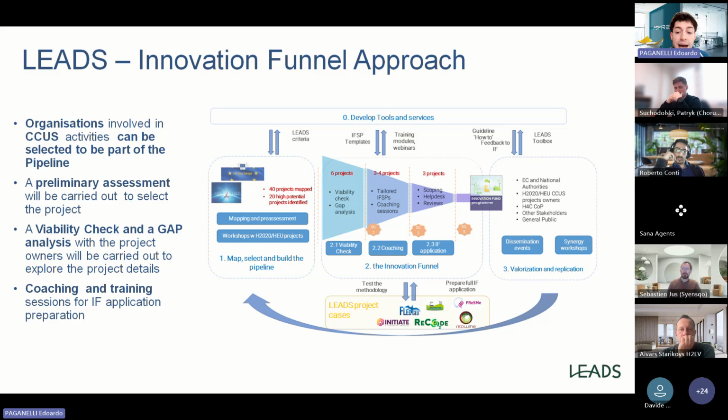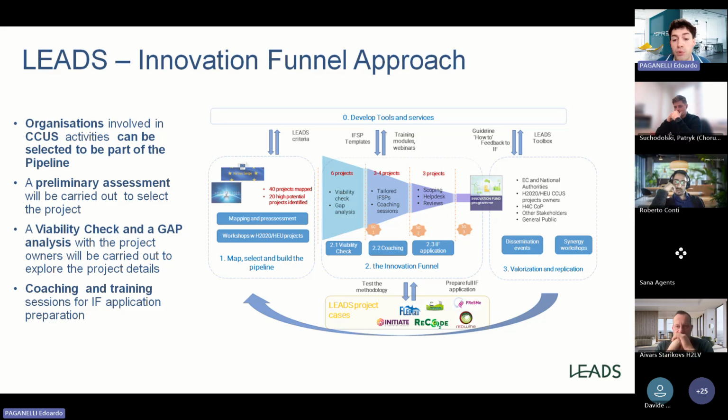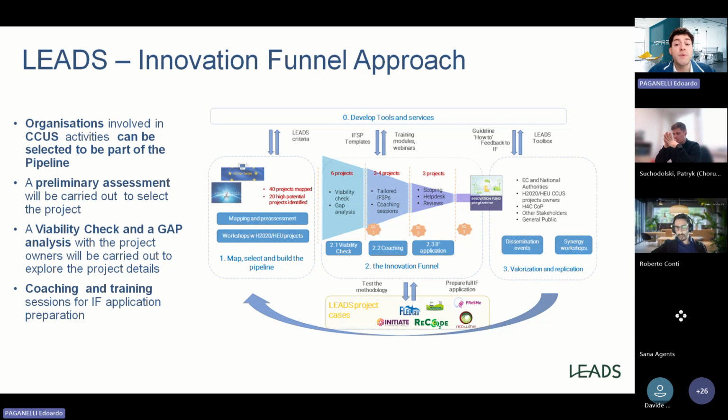The second stage is as follows. The projects that pass this preliminary assessment undergo what we call a viability check and gap analysis. The objective of such a viability check is to address the project's strengths and weaknesses and determine whether a specific project is mature enough to pass into the next phase.